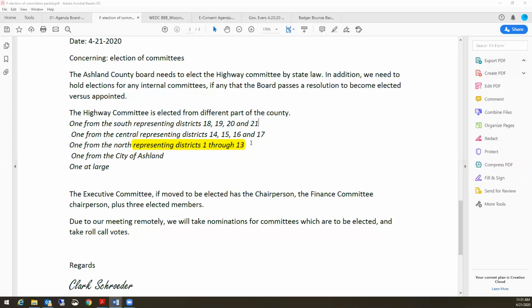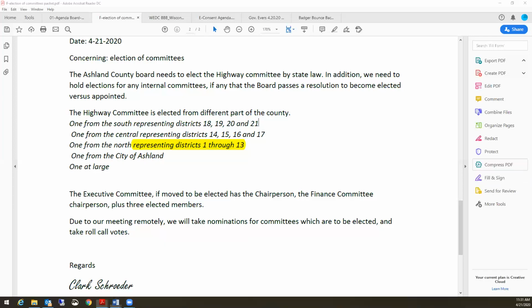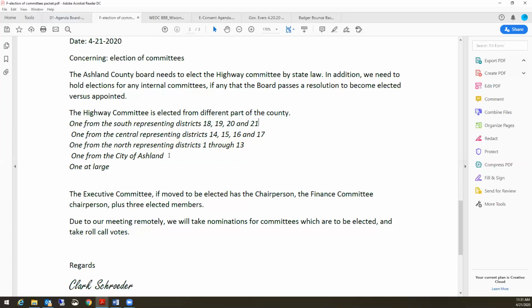Oh, I thought it was E. I'm sorry, I wrote down the wrong place. I'd like to nominate Pat Kinney. Gotcha. I'm going to decline. This is Metzinger. This is the position that I held on the Highway Committee. I'd like to nominate myself. Bill Metzinger.